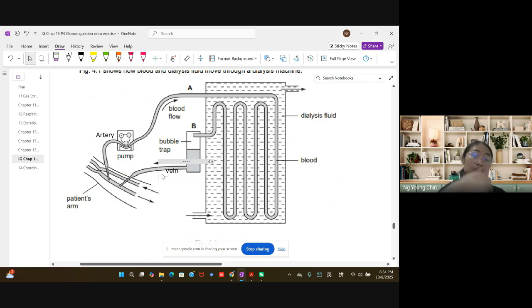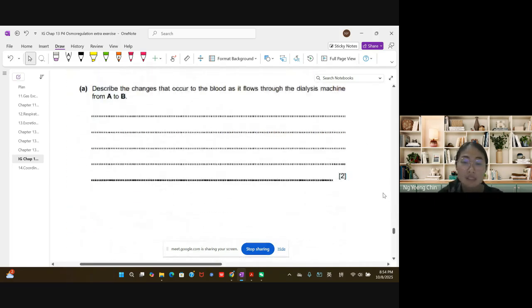So they allow the blood to pass through the vein. So how are you able to describe the structure? Very simple. You just mention that our artery is connected to the kidney dialysis machine. Inside they have a lot of semi-permeable membrane, so it can allow the substances, which are small molecules, to transport out.